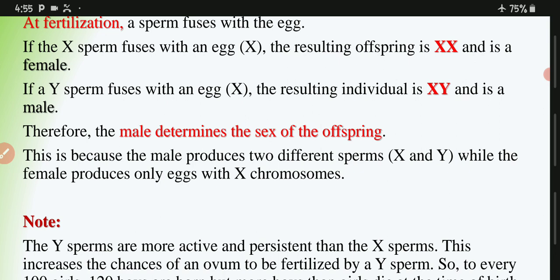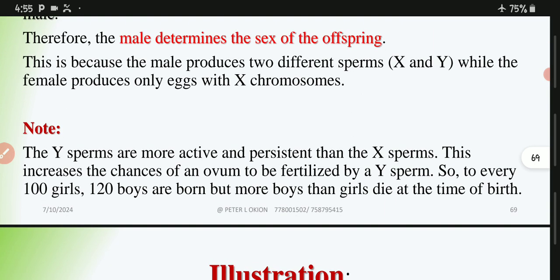In males, they produce sperms with both the X and the Y chromosomes, while females produce only eggs with the X chromosome. From there, we can have a note. The Y sperms are more active and persistent than the X sperms.